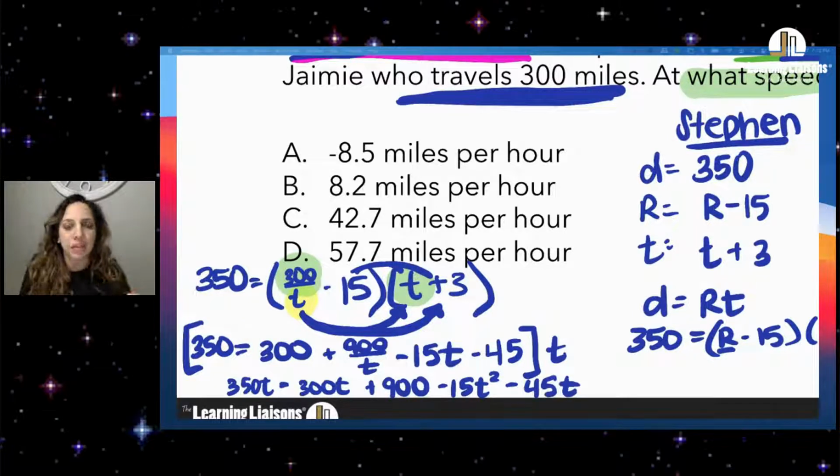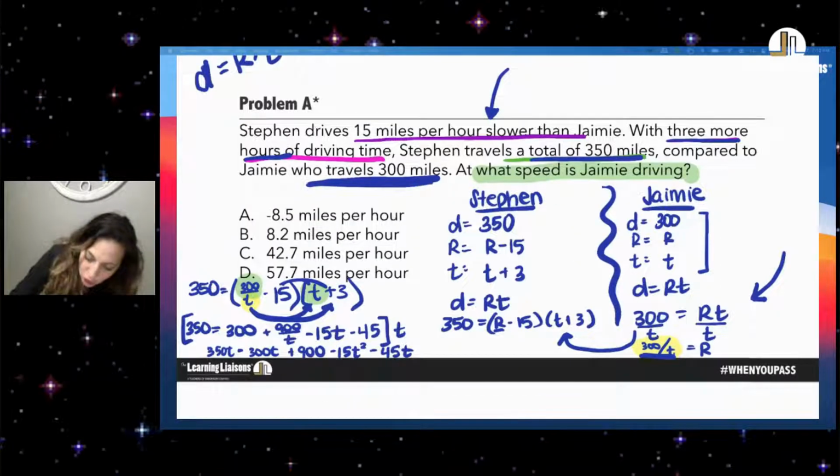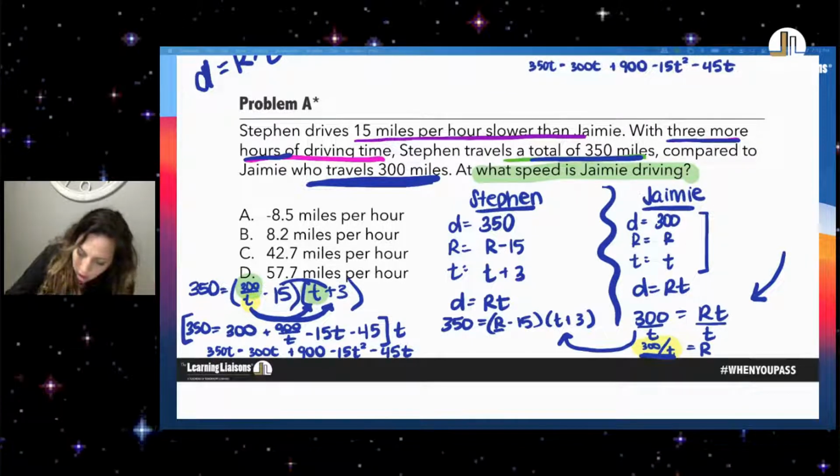Why did I multiply everything by t? Because I needed to get the t out of my denominator. Following? All right, let's keep going. Now I'm going to have to go up here. So I have 350t. Actually, I'm going to lasso this, copy, and paste it up here. All right. So this right here is an equal sign.